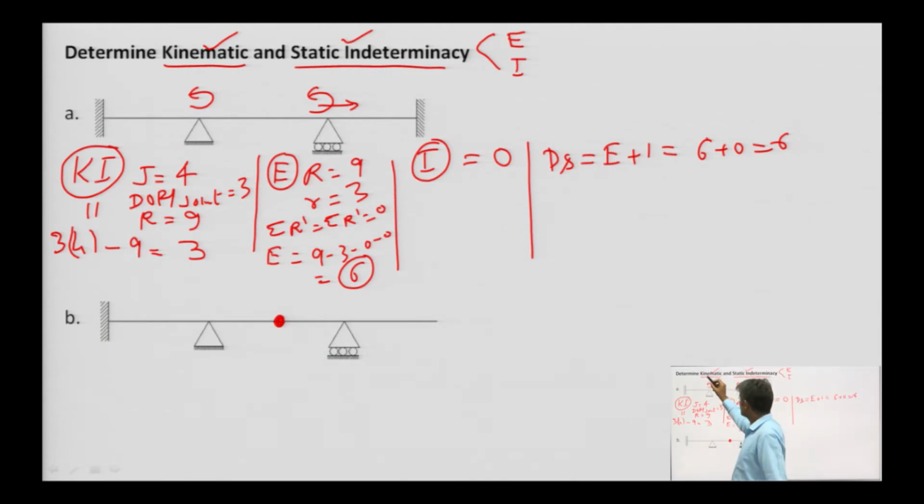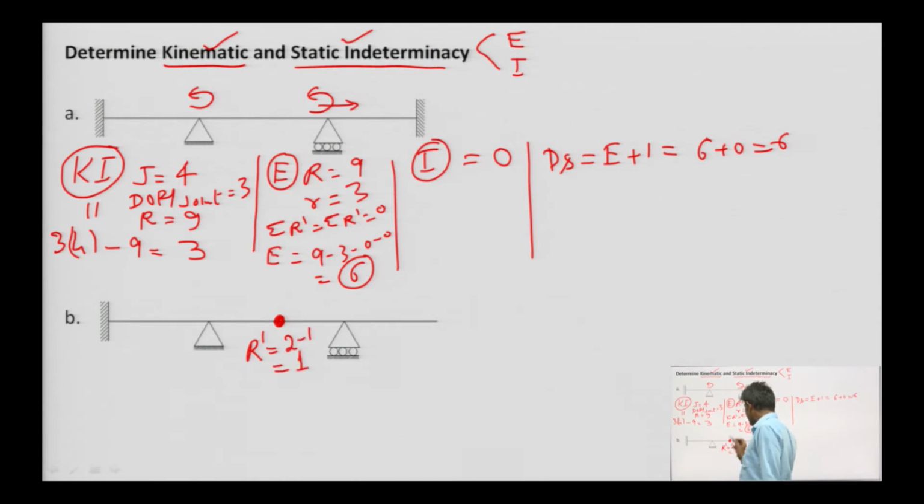Kinematic indeterminacy gets an additional degree of freedom, and static indeterminacy gets more equilibrium equations. How many additional equilibrium equations will this internal hinge add? That will be R dash. Since two members are connecting over here, 2 minus 1 is equal to 1.